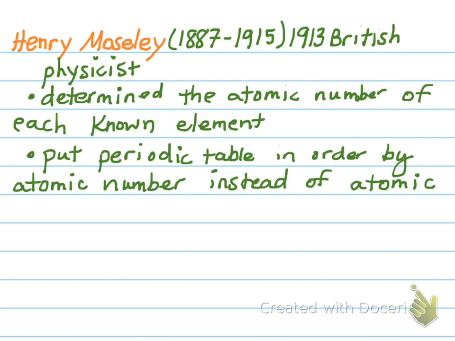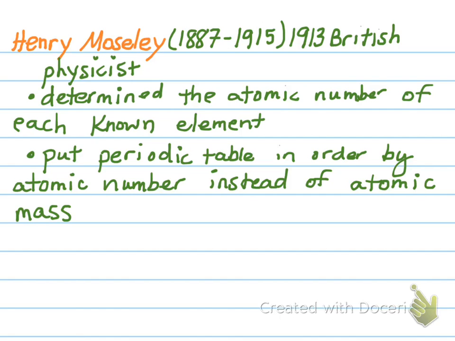Again, Mendeleev had put it in order by atomic mass. He hadn't really liked that. He really didn't feel that was probably the best way, but it was the best information he had, because at the time that Mendeleev put together the periodic table, he didn't know that there were protons and electrons inside of atoms, or neutrons. So the best information he had was to use atomic mass.